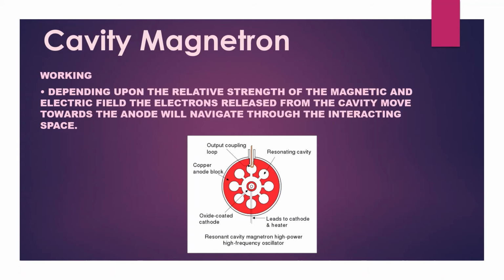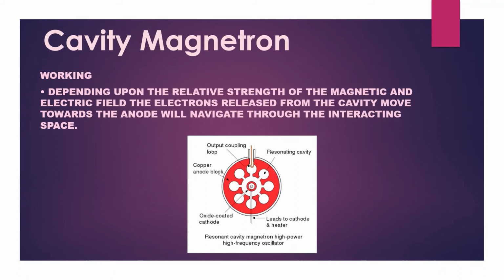In the design of the cavity magnetron, the oscillation is created by the physical shape of the anode rather than the external circuit or the field. Mechanically, the cavity magnetron consists of a large solid cylinder of metal with a hole drilled through the center of the circular face.